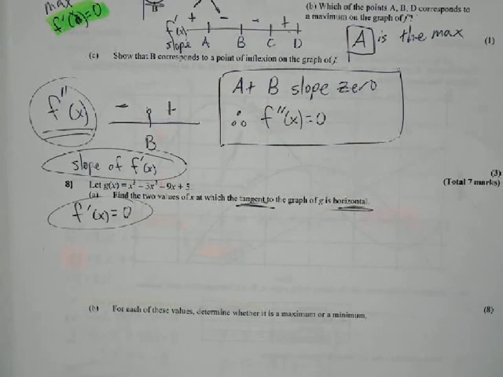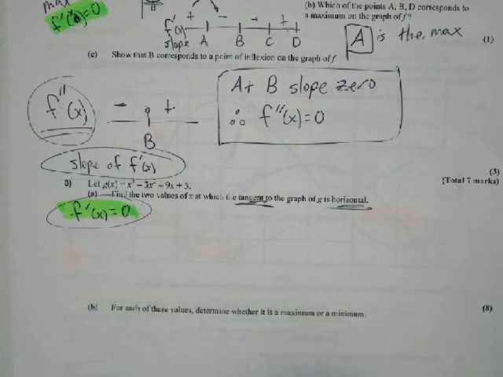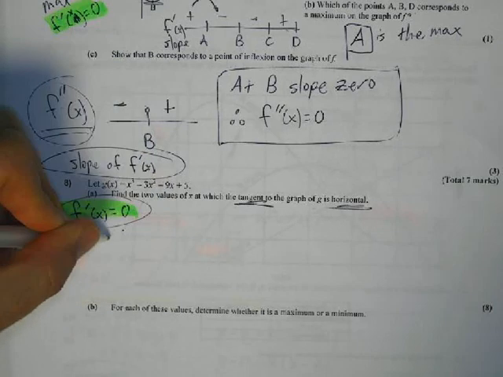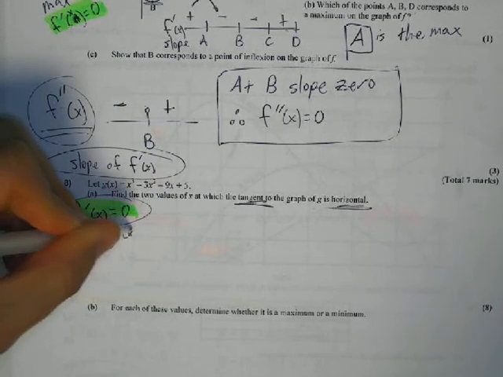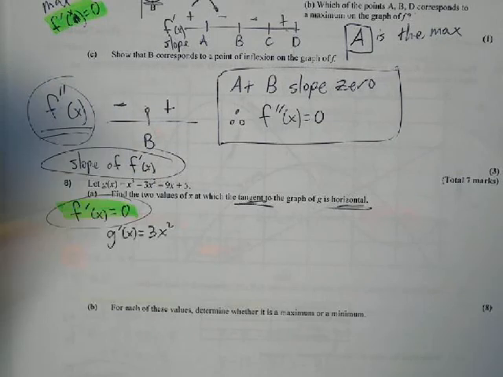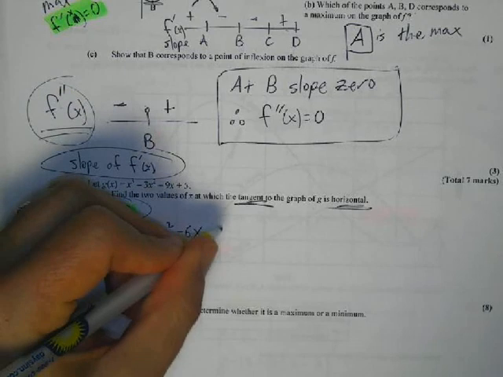So let's take the derivative here. g prime of x is 3x squared minus 6x minus 9.